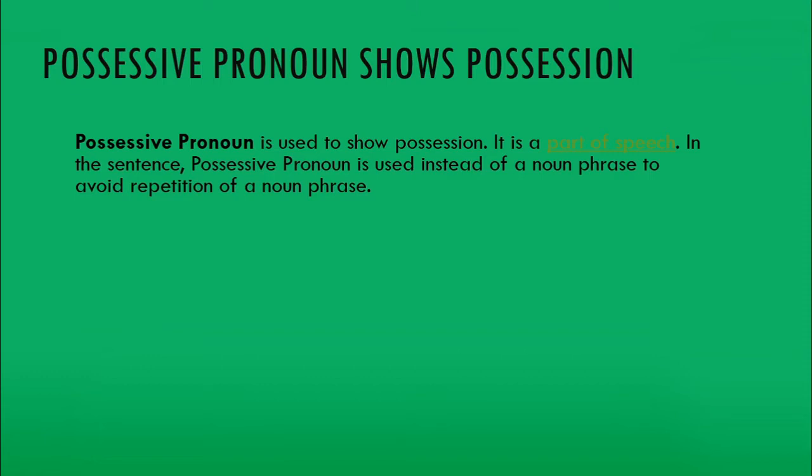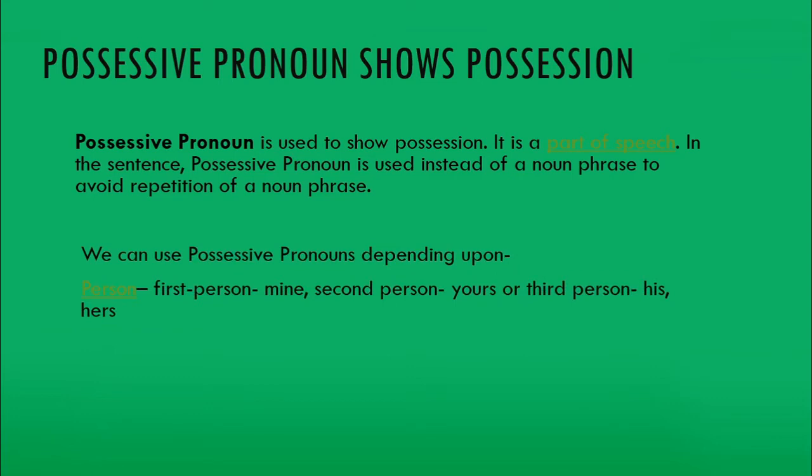Possessive pronouns give clarity and sound good. In a sentence, the possessive pronoun takes the place of a noun phrase. We can use possessive pronouns depending upon person: first person, mine; second person, yours; or third person, his or hers.